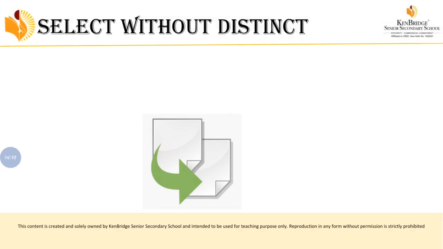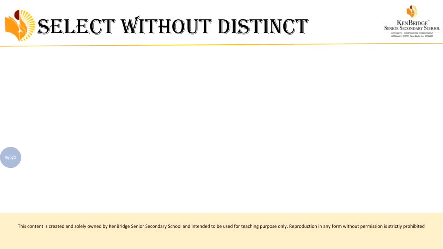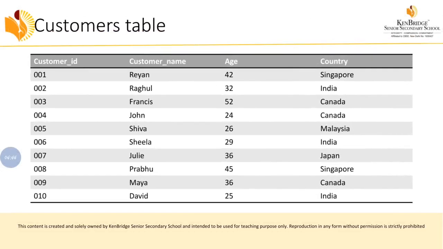We have seen a database, right? In that database we have the customers table. Just look here. Here we have four attributes. First one is customer ID, then customer name, age and country. The given query is going to take this country attribute alone from the customers table, and it is going to retrieve the country attribute in two ways.